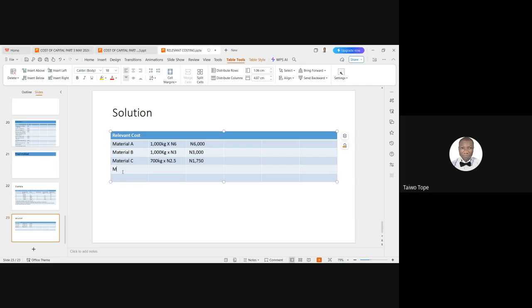Okay, this is split into two, because it's 1,000. So 300 kg multiplied by the replacement cost in the market, which is 4 naira, we have 1,200 naira.